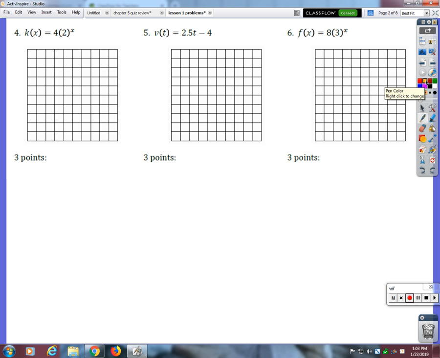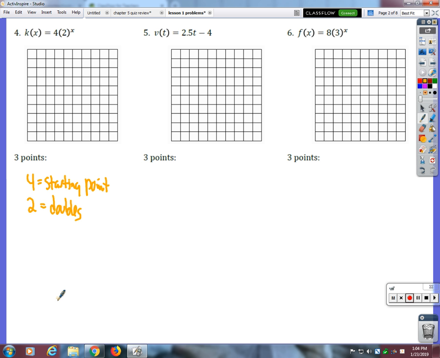So when you see 4 times 2 to the x, here's what I would love for you to think. 4 equals your starting point, and 2 means that it doubles. First number is your starting point, and the number after that is what you multiply by.